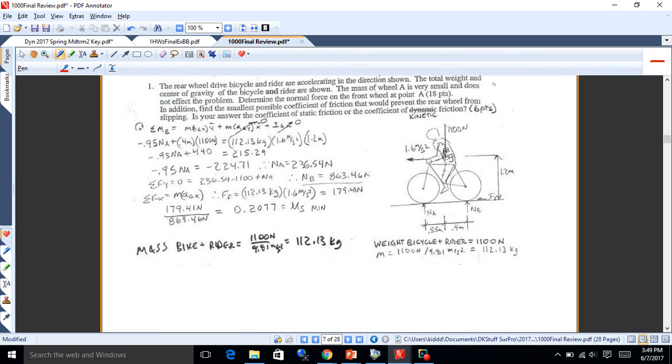That's translation, right? Accelerating to the left, going to tip back, probably going to take moments about B. That'll get you the reaction at A.